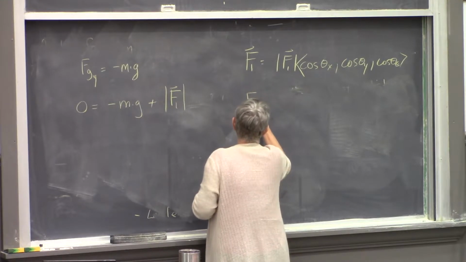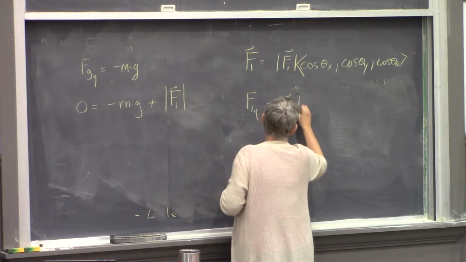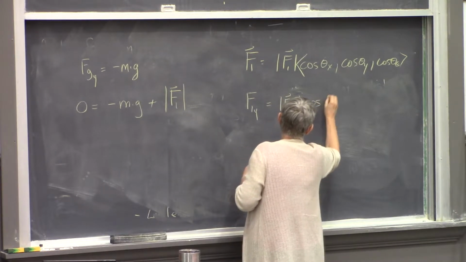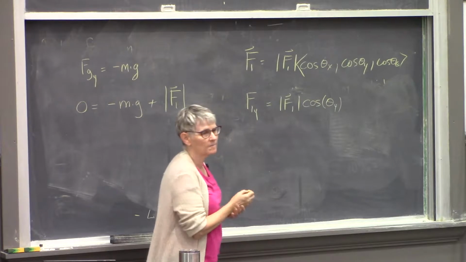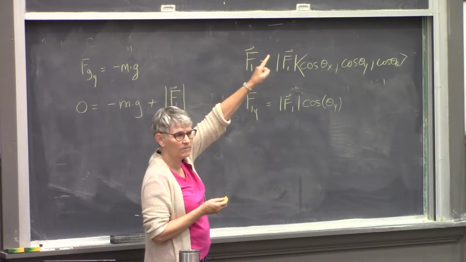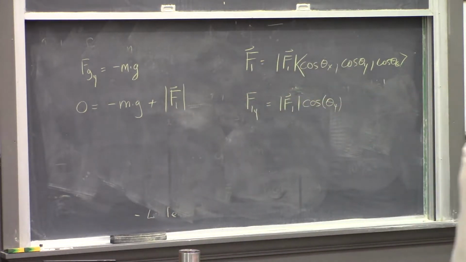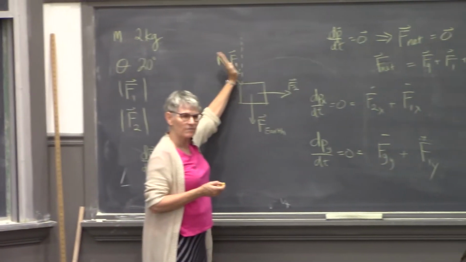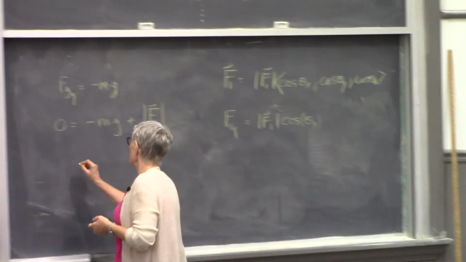So F1y is equal to the magnitude of F1 times cosine of theta y, right? And we know that angle because this is the angle between this and the y-axis.